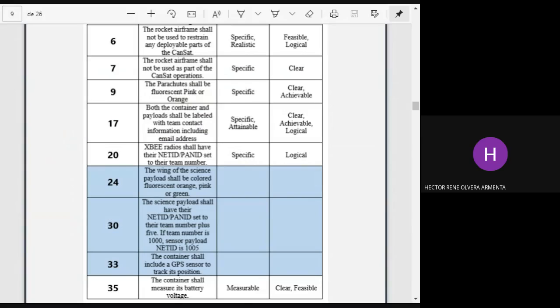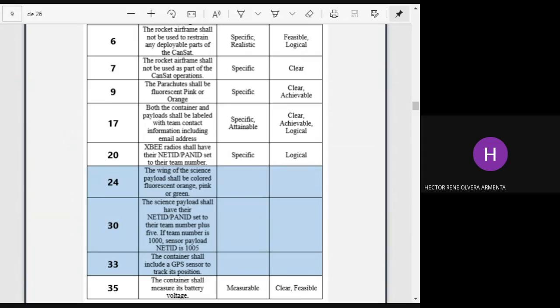Here we have how the communication between the satellite and the main structure and the team should be. In requirement number 20, the XBee radio shall have its net ID or PAN ID set to its team number.